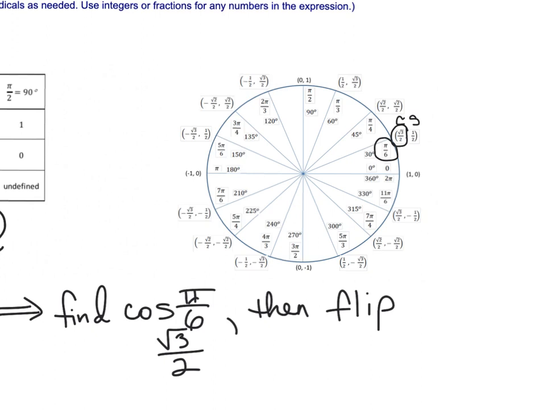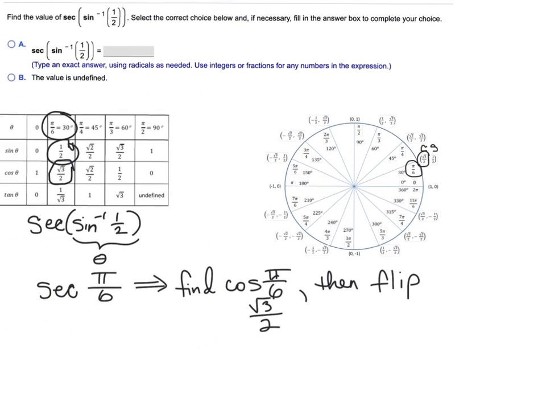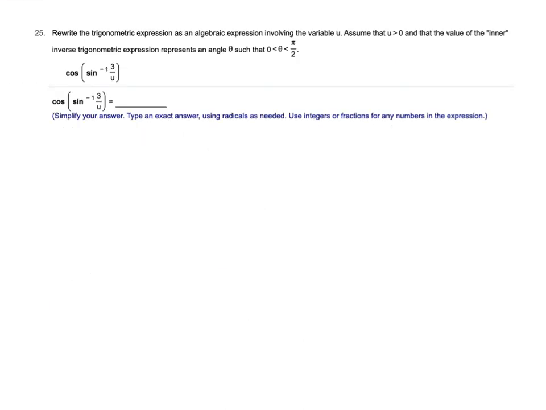Two different places that you can find the same value. So cosine of pi over 6 is square root of 3 over 2. But we want to know what the secant of pi over 6 is. So we have to flip. If we flip it, it's 2 over square root of 3. And this is our answer.